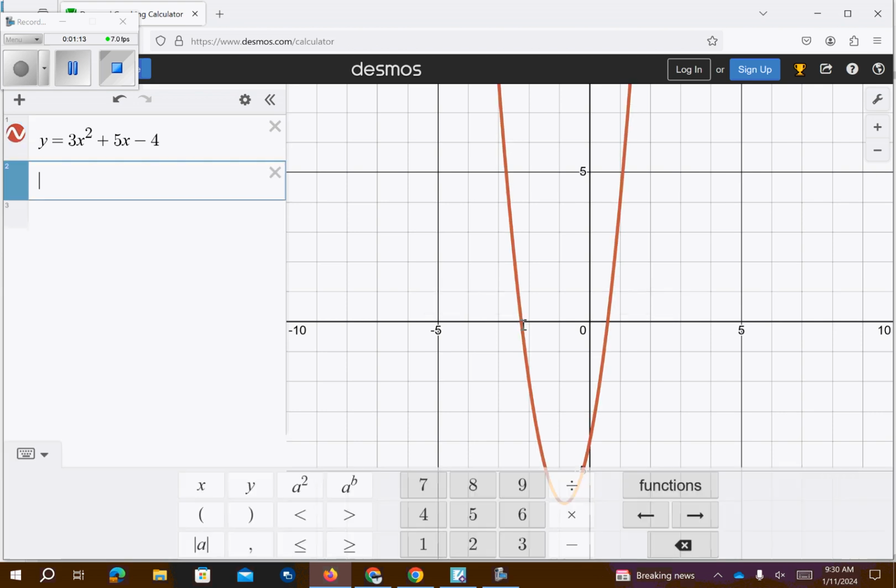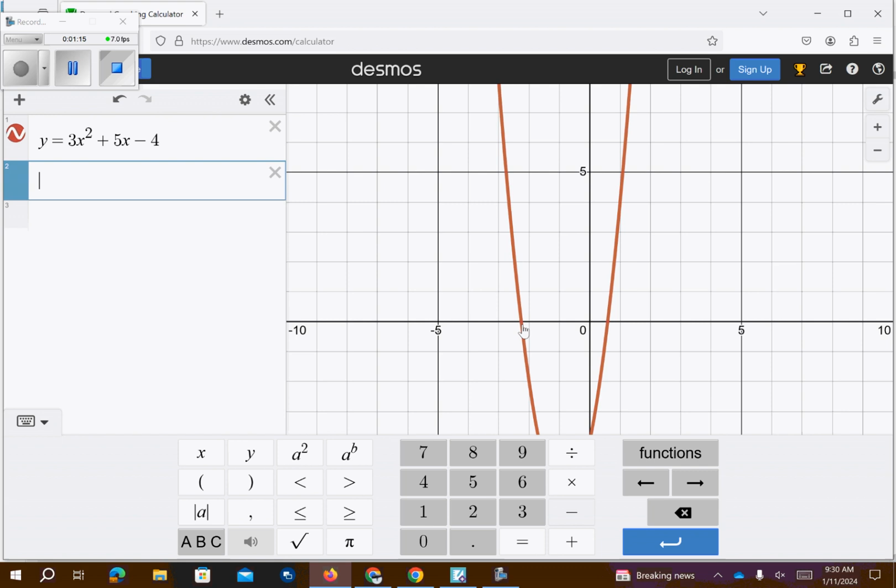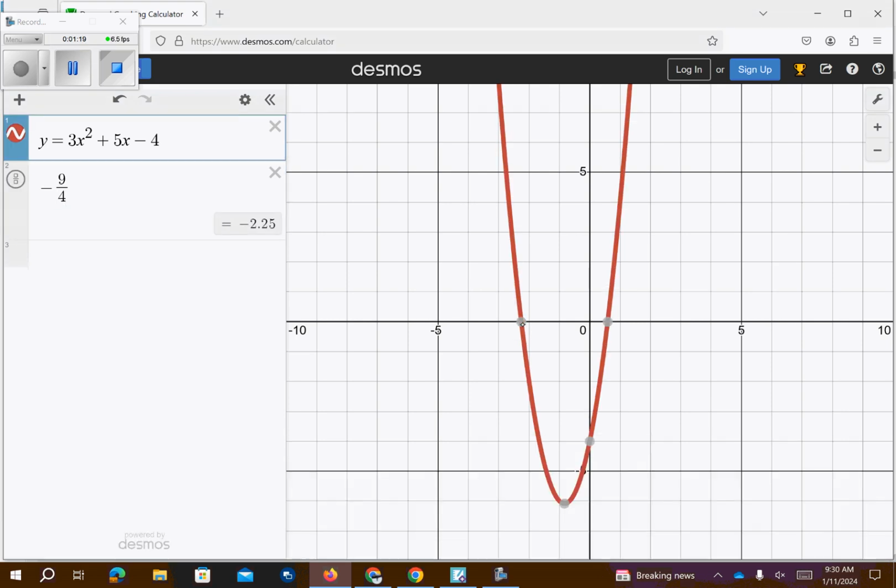We can see. So negative 9 divided by 4. It's close, right? Negative 9/4 is negative, but I have this 7 out there, so we're off a little bit.